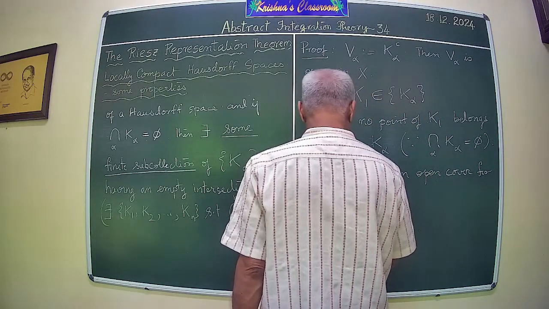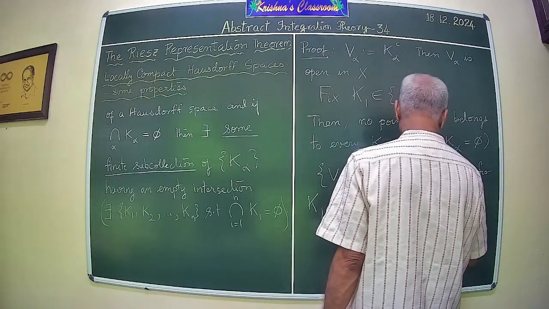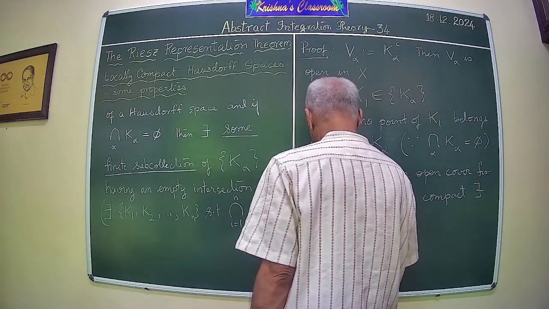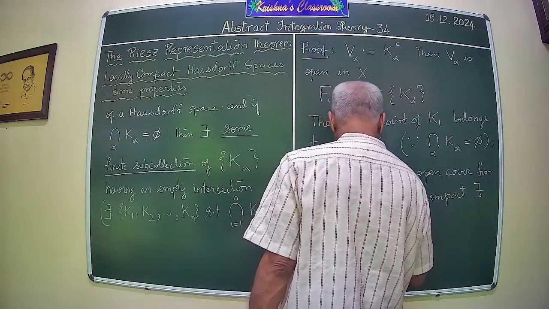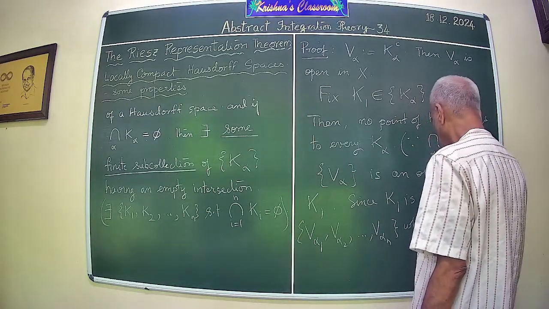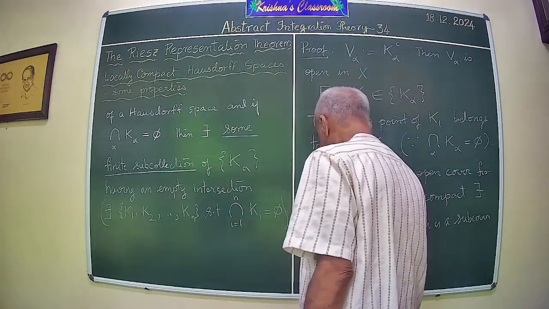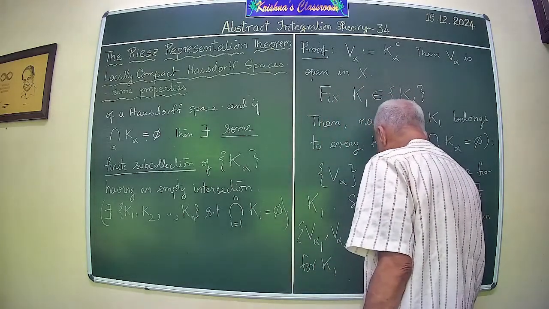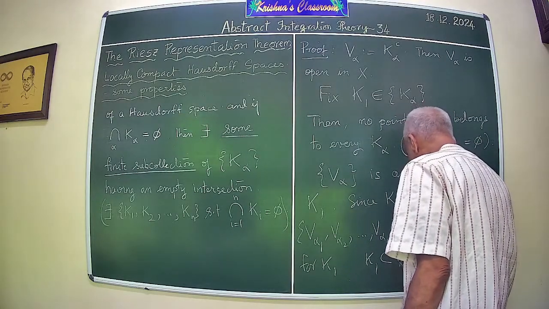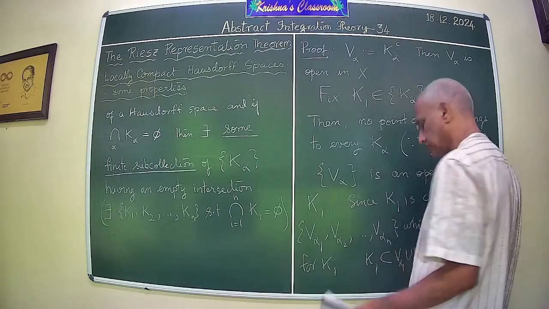Therefore, since K1 is compact, there exist V alpha 1, V alpha 2, ..., V alpha n, which is a subcover for K1. That means K1 is contained in the union of V alpha 1 through V alpha n.